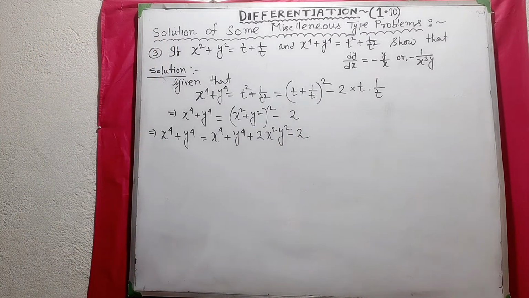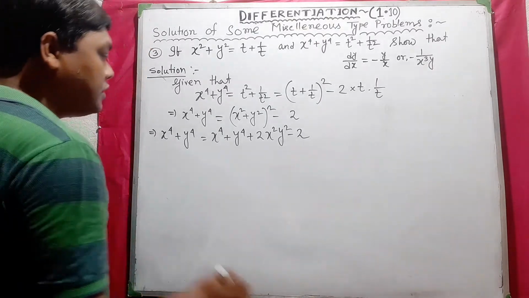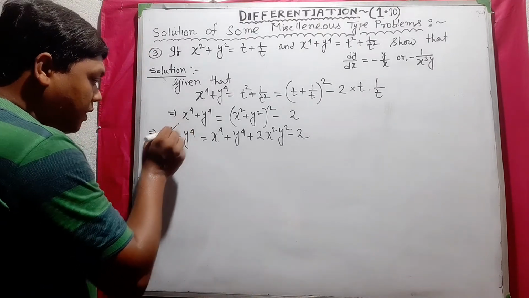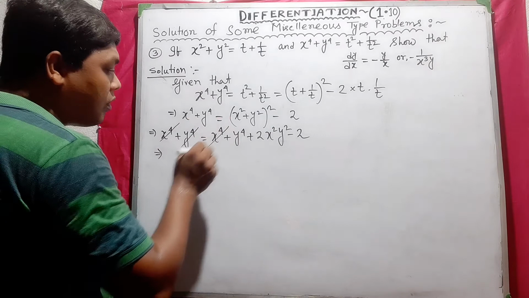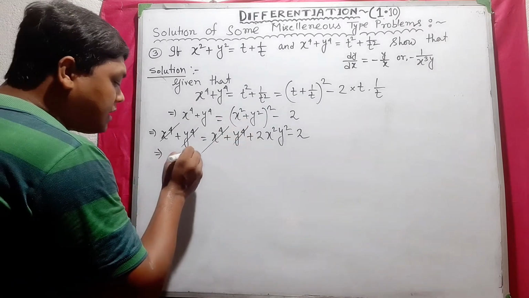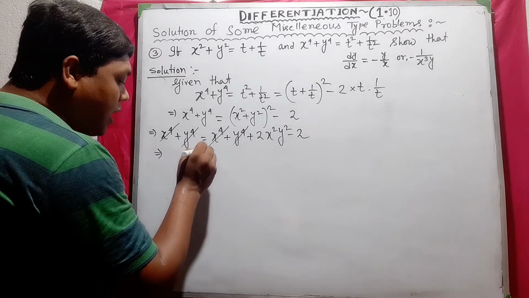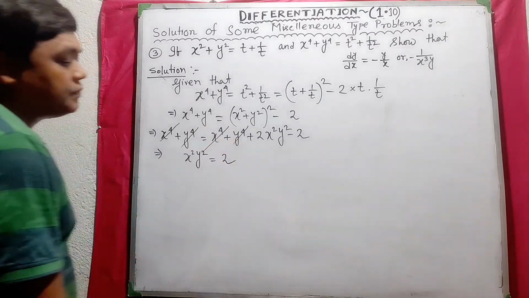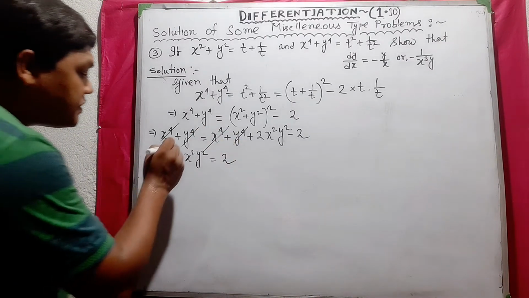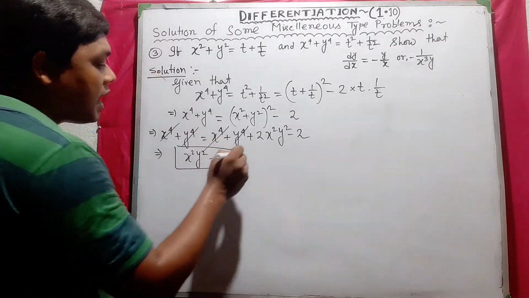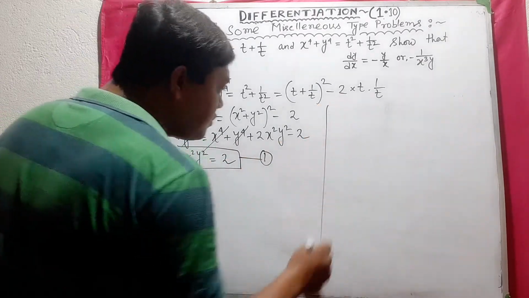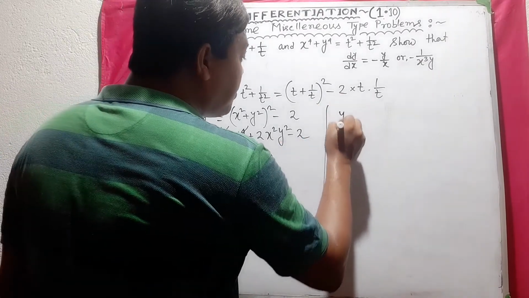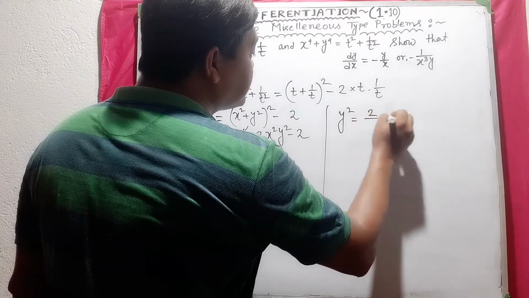Right? Up to this point. So x to the power 4, y to the power 4 are cancelled. So we get x square y square equals 2. This is the one equation. Another, you can write y square equals 2 by x square.